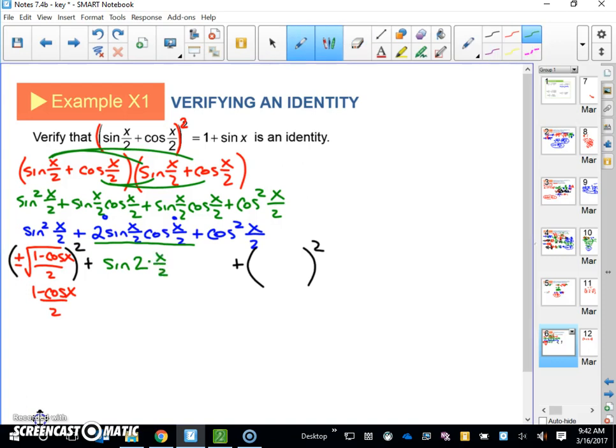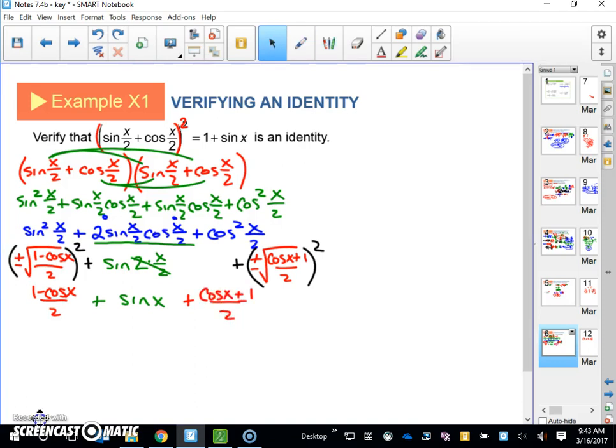And so sine of 2 times x over 2, the 2's cancel, and I get sine x, so plus sine x. And then over on the right side, you've got the cosine half-angle identity. So that would be plus or minus the square root of (cosine x plus 1) over 2. And again, like the other one, when that gets squared, the plus or minus and the square root go away. And so we have plus (cosine x plus 1) over 2 there.